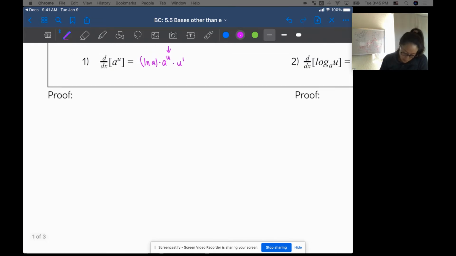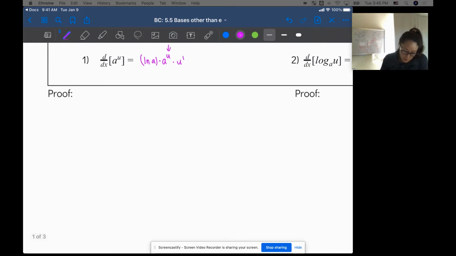Okay, so for the base other than e, what I know is that a to the u is equal to e to the ln of a to the u power. These are the same. If I move the u to the front, then this is u times the ln of a.